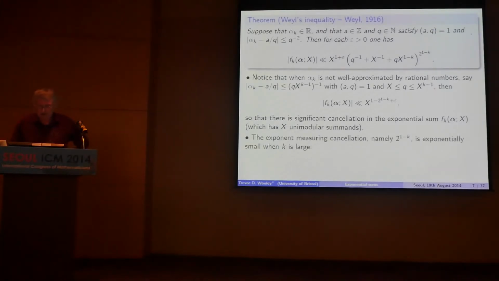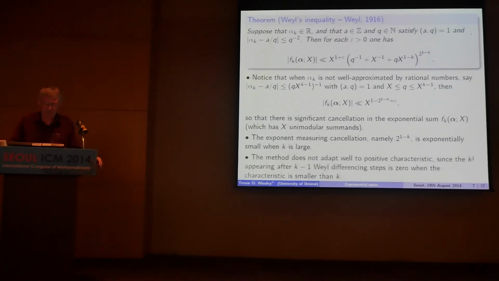The exponent here is exponentially small in terms of k, but it's definitely non-trivial. Excellent. So this is a pretty robust method for deriving estimates for these exponential sums when the lead coefficient is not well approximated by rationals with small denominator. The improvement over the trivial estimate is small, as I just mentioned, but positive.